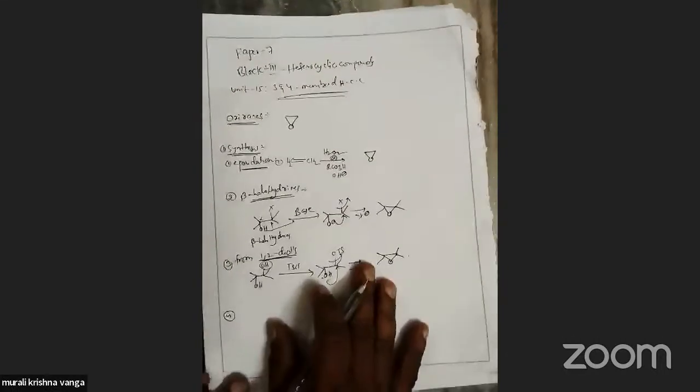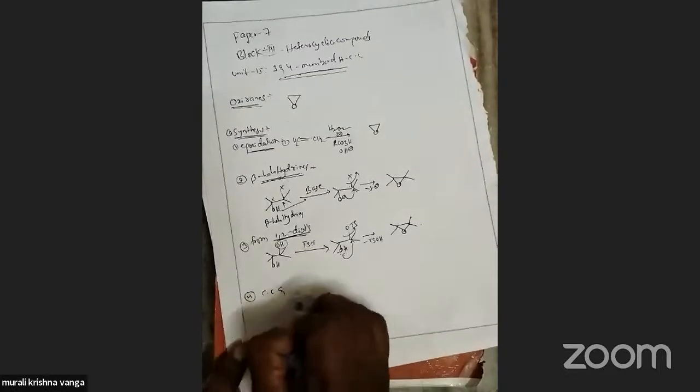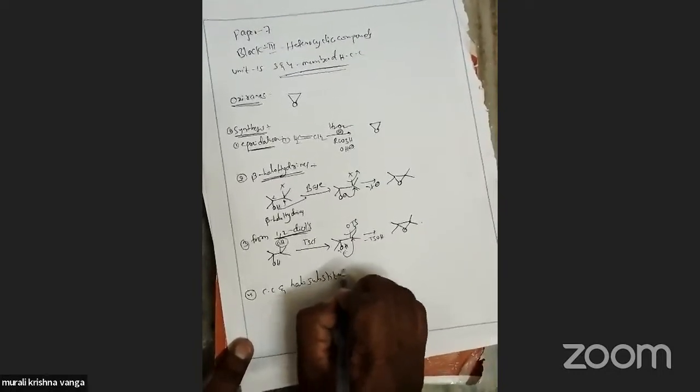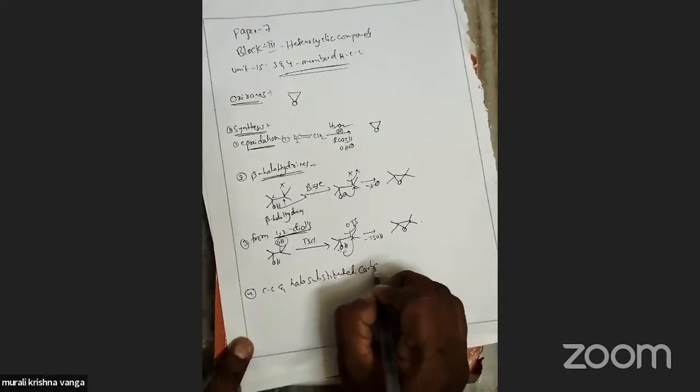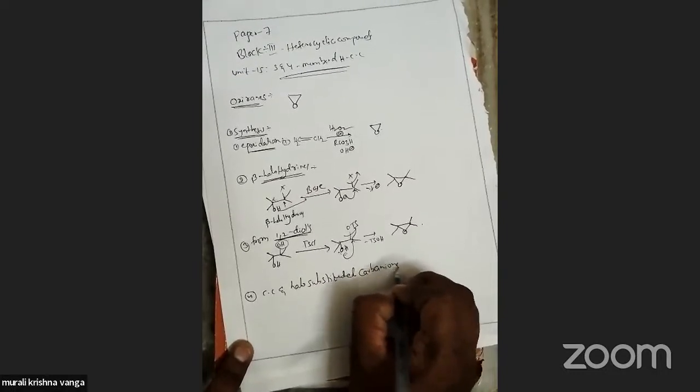The fourth method is from carbonyl compounds with halo substituted carbanions.